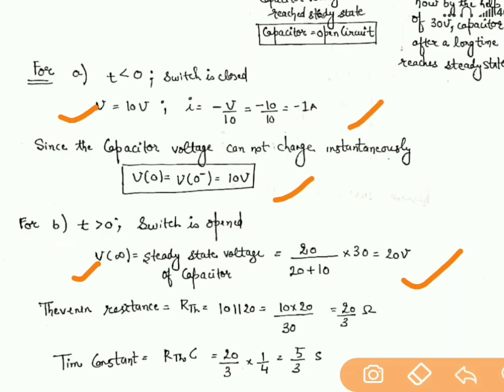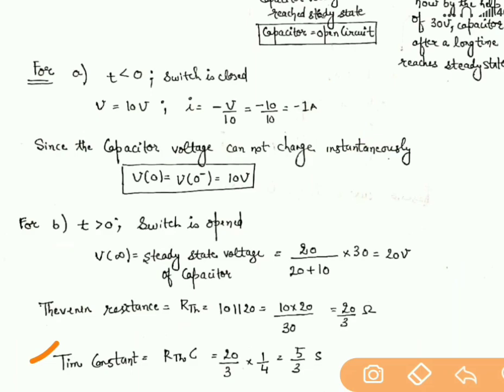Likewise, the third important thing, you have to calculate the Thevenin resistance. I told you in this particular circuit the 10 ohm resistance and 20 ohm resistance are in parallel. So by that you can calculate R Thevenin. I have calculated R Thevenin, that is 20 by 3 ohm. Likewise, the time constant, how can we calculate it? Simply, the time constant is RC.